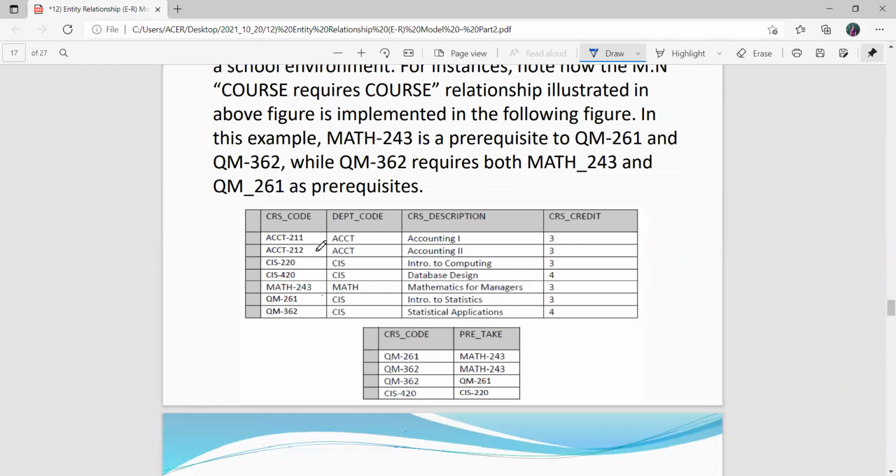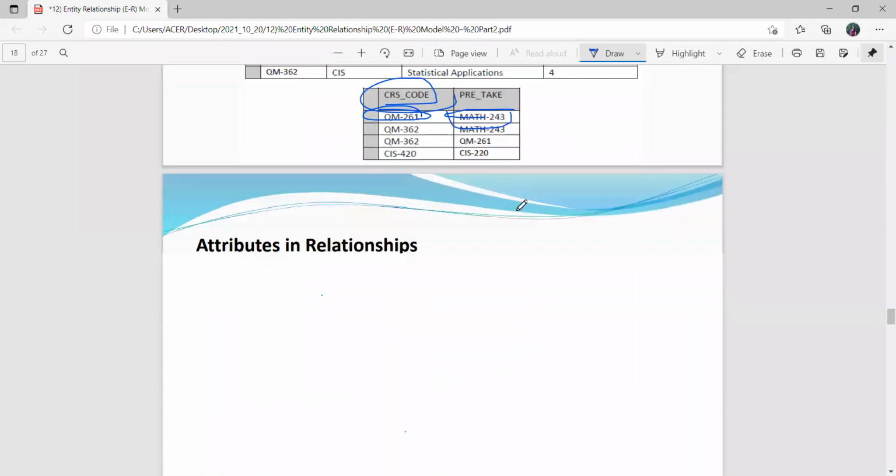Taking this course code, it is needed to complete max 243. Likewise, you can see the relationship between these two tables.